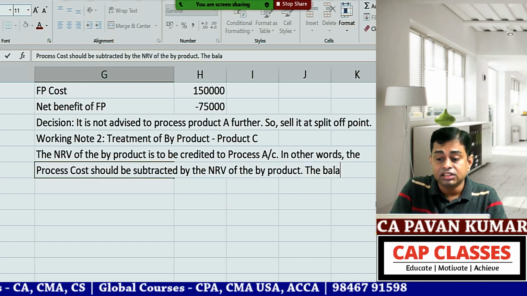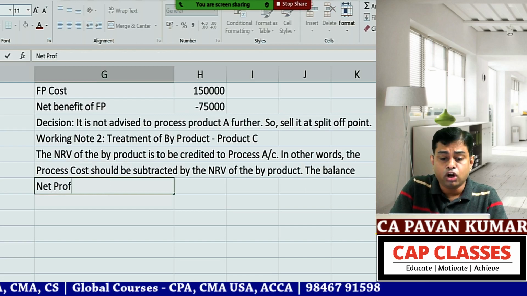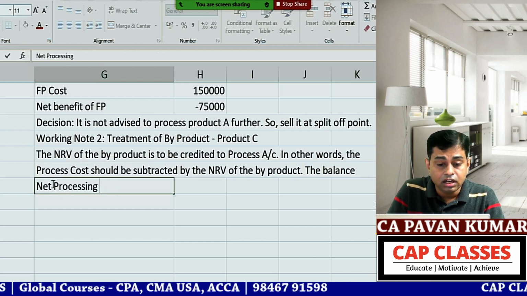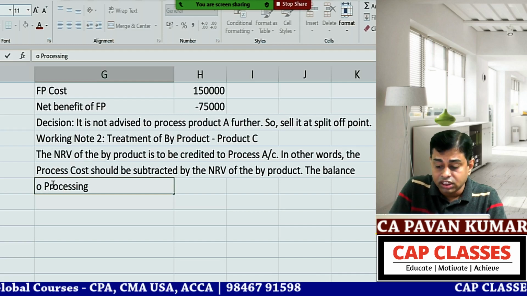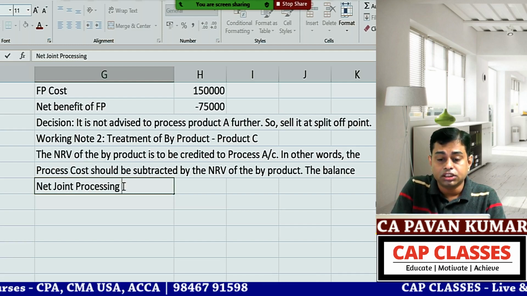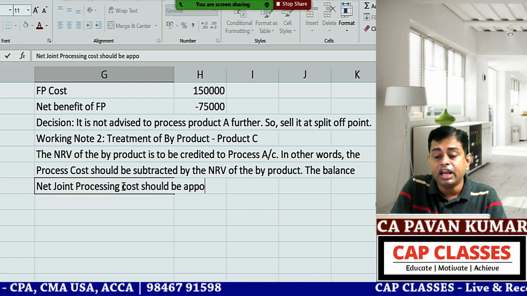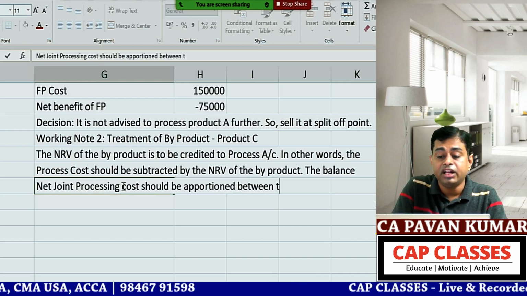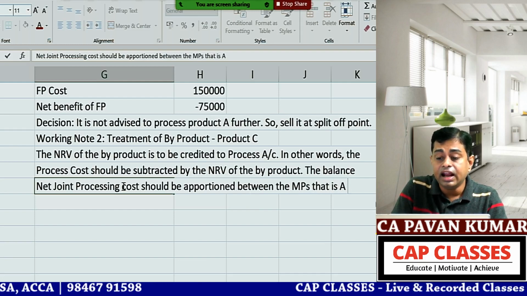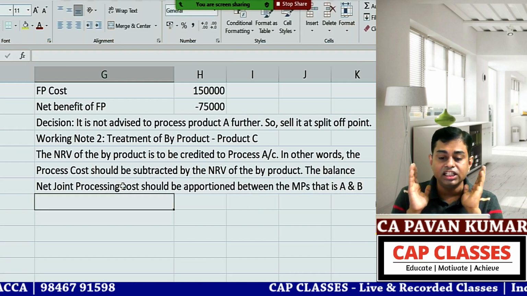The balance, the net joint processing cost, should be apportioned between the main products, that is A and B. So till this you understand?